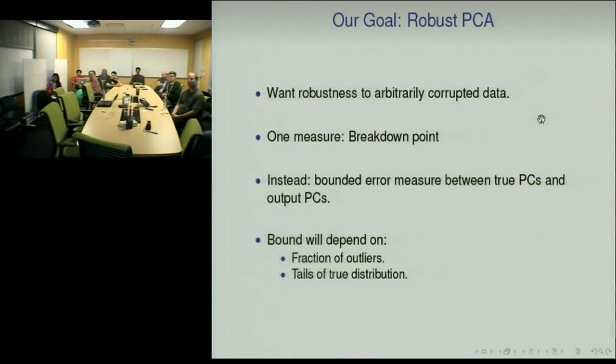The bound is going to depend on two things: the fraction of the outliers, so how many samples the adversary changed, and the properties of the distribution of the signal. This is really what we're going to do here.